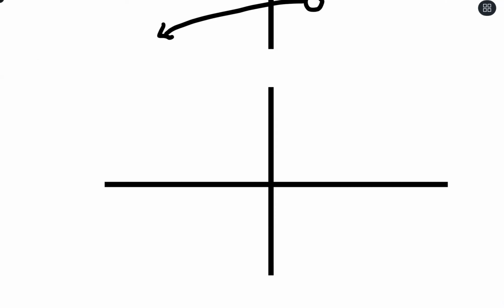Another scenario that would make this true, where at a our function is not defined and the two-sided limit does not exist, can happen with vertical asymptotes. Let's say we had a vertical asymptote at a, and my function does something like this.